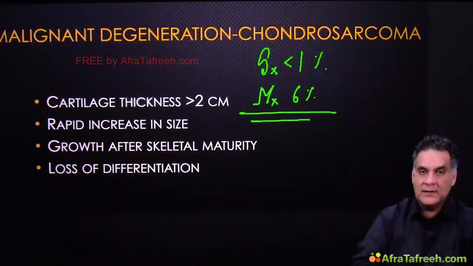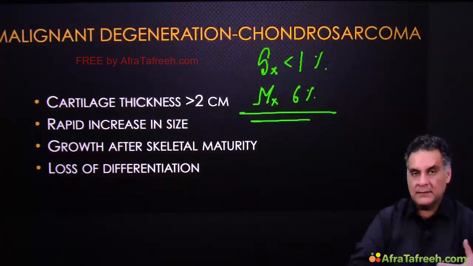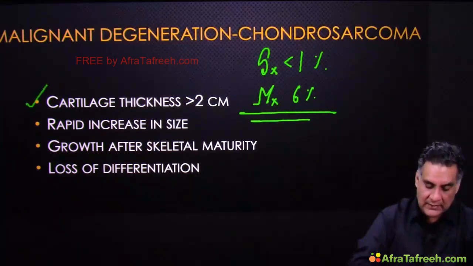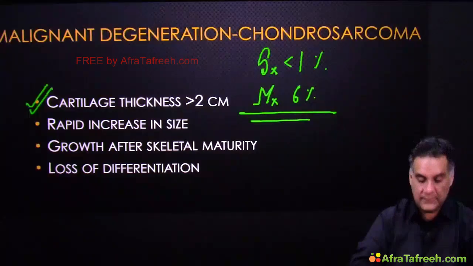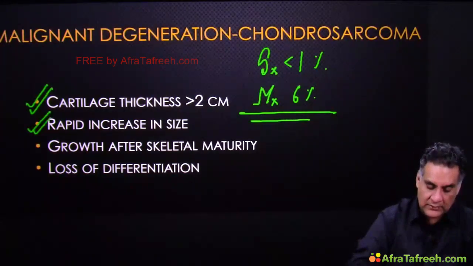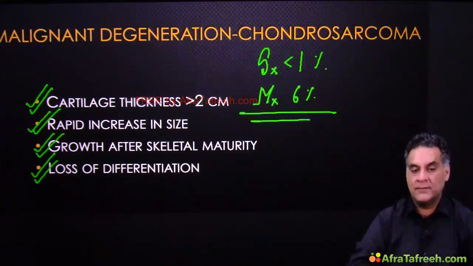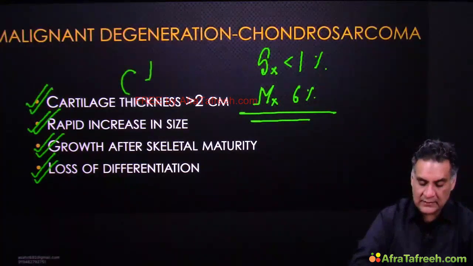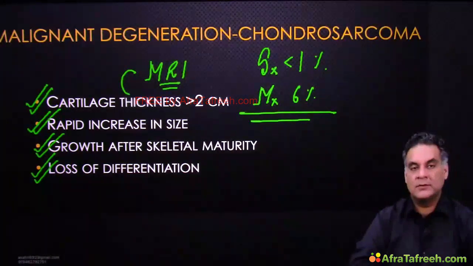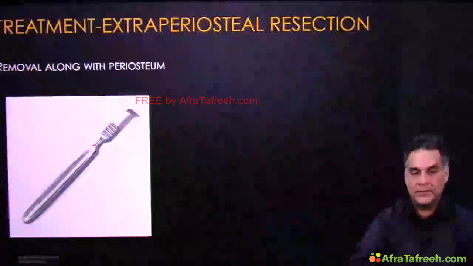When do you suspect it is becoming malignant? When the cartilage thickness is more than 2 cm, when there is rapid growth, when it grows after maturity, when there is a loss of differentiation. How do you measure the cartilage thickness? Remember this: orthopedic imaging, most important, MRI.